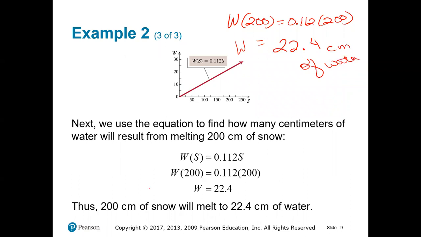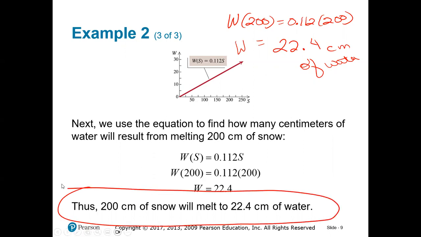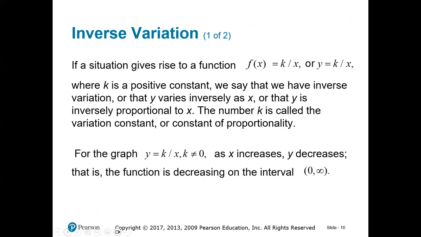And this right here is a really good statement. Whenever you do application problems, you need to be able to make statements that are clear and understandable. If a situation gives rise to a function, f of x is equal to k divided by x, or y is equal to k divided by x, which makes sense, right? Because f of x yields y.